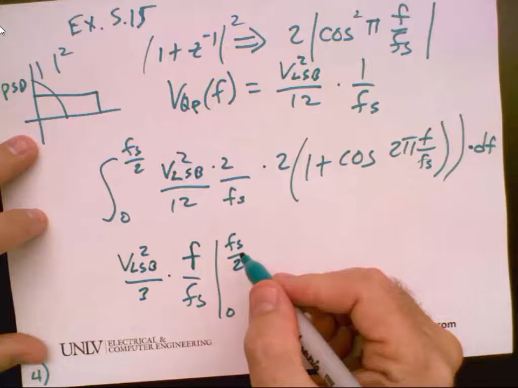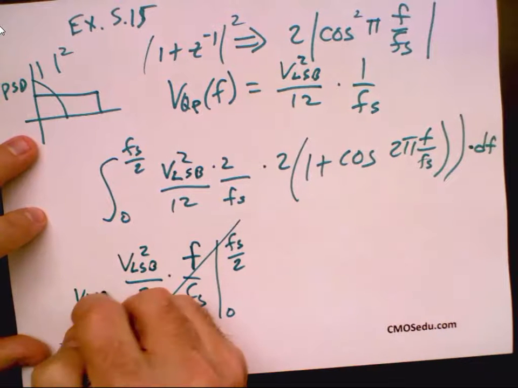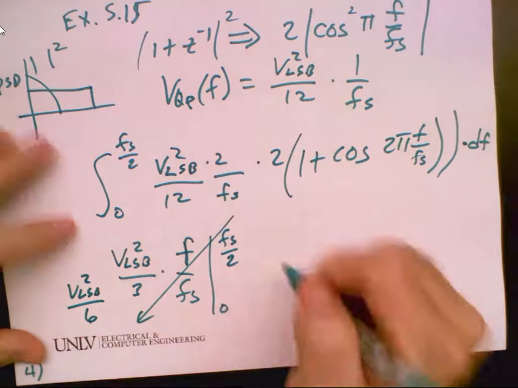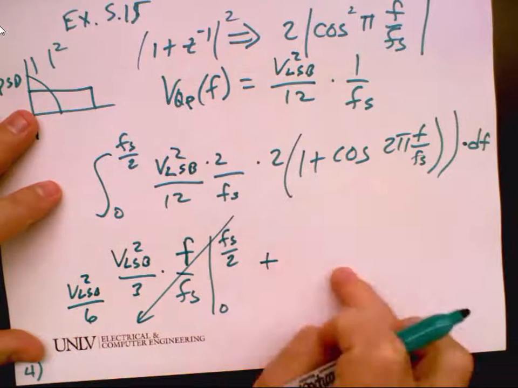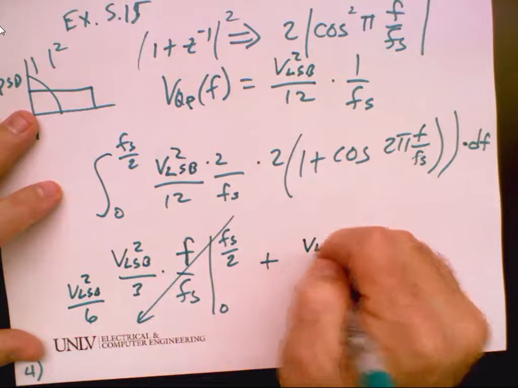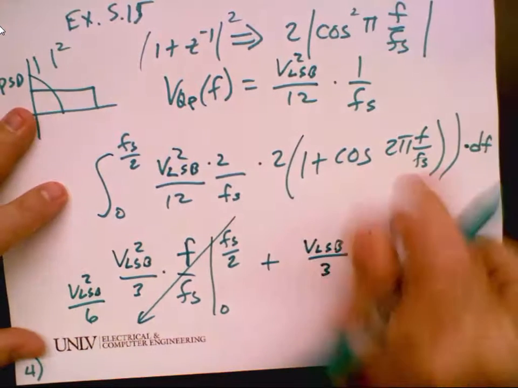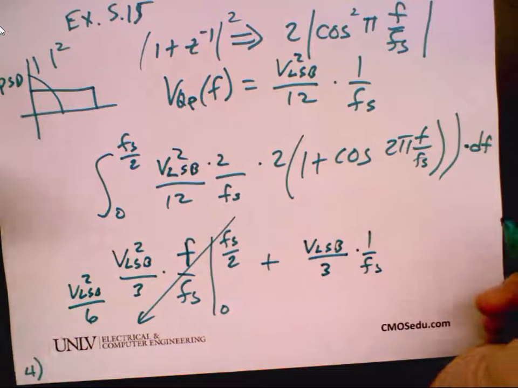So the Fs fall out, and this goes to VLSB squared over 6, check in the book. Then I do the same thing here, VLSB squared over 3 times 1 over Fs, and then what's this in the denominator?